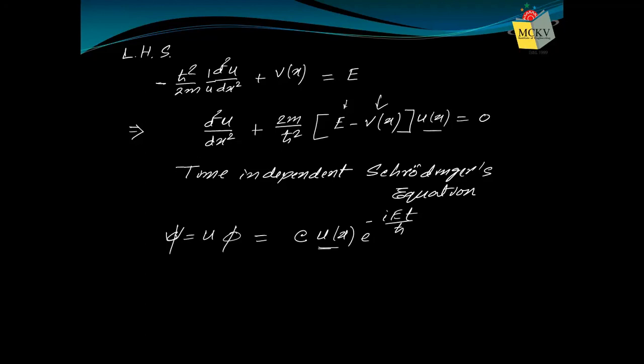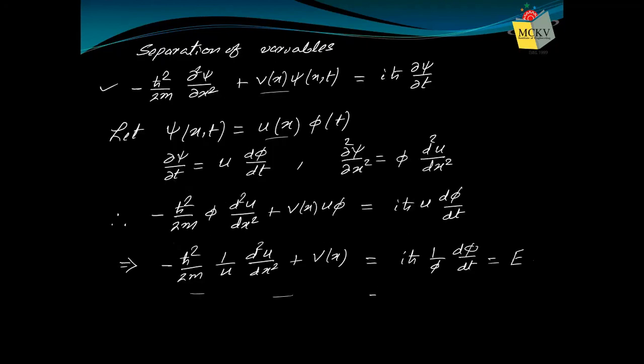Psi is known then. I have discussed so many things here, but if the question is specifically to write down the time dependent Schrodinger's equation, then this is your time dependent Schrodinger's equation. If the question asks to find the time independent Schrodinger's equation from this, then you use psi equals u phi, separate the space and time dependent quantities, and equate each to a constant energy.